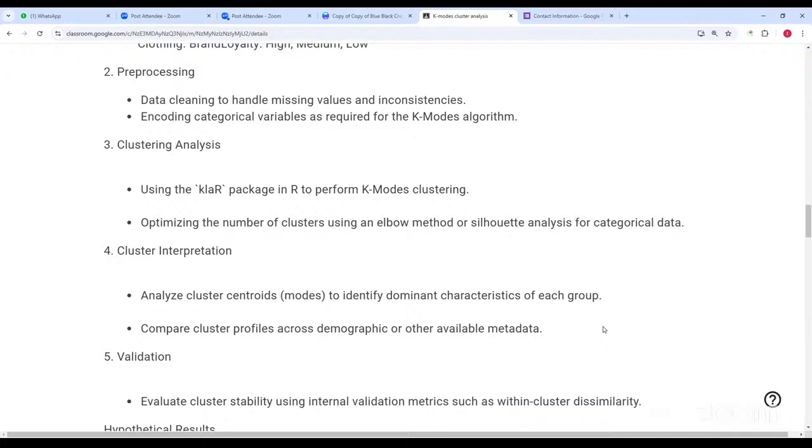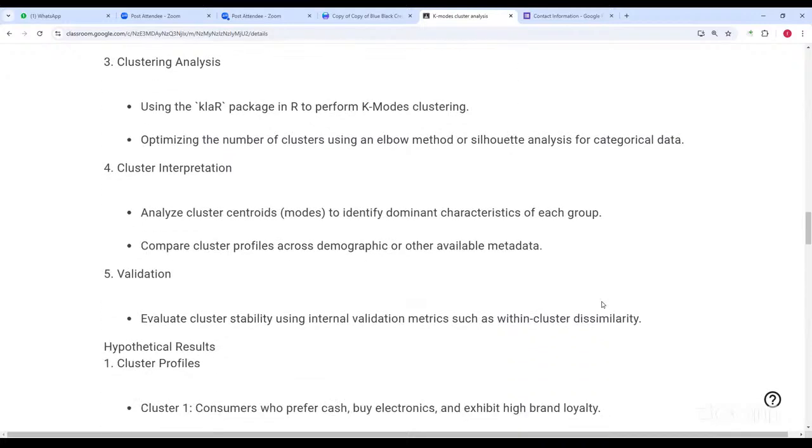Okay, now next. Clustering analysis using the klaR package in R to perform K-modes clustering, optimizing the number of clusters using the elbow method or silhouette analysis for categorical data.